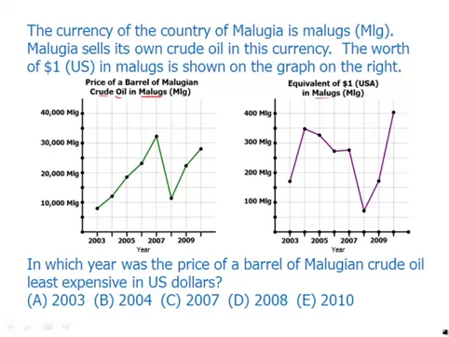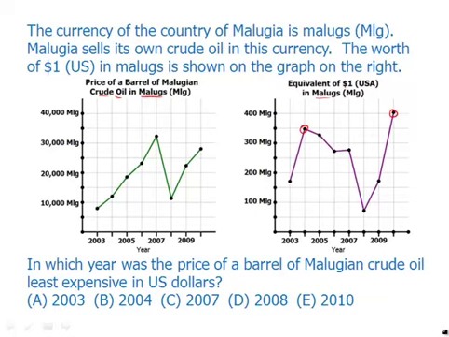And the question here is, in which year was the price of a barrel of Malugian crude oil least expensive in US dollars? So let's think about this. How many Malugs does $1 US buy? So say in years like this, the years that are high on the graph, those are relatively good years for US exchange.